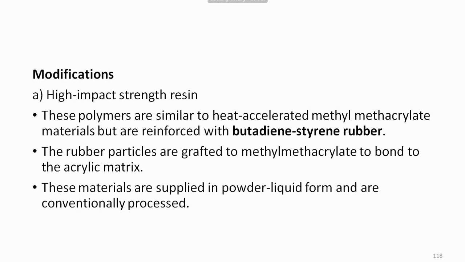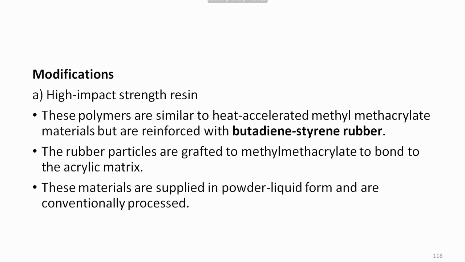These polymers are similar to heat accelerated methyl methacrylate materials but are reinforced with butadiene styrene rubber. Okay, some chemical is added to the heat cure acrylic resin, that is butadiene styrene rubber, which will improve its physical mechanical properties.